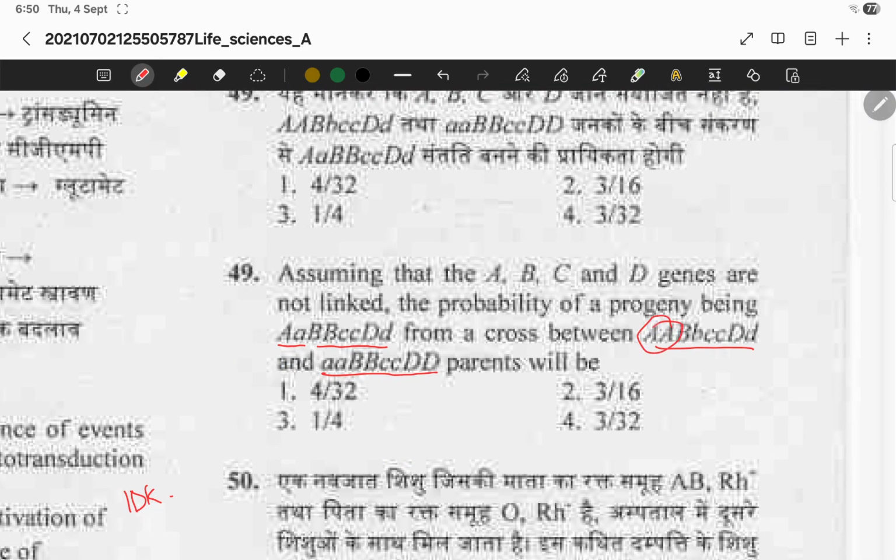Parents have capital AA and small aa. So all will be this, there is no probability for this, it is 1.